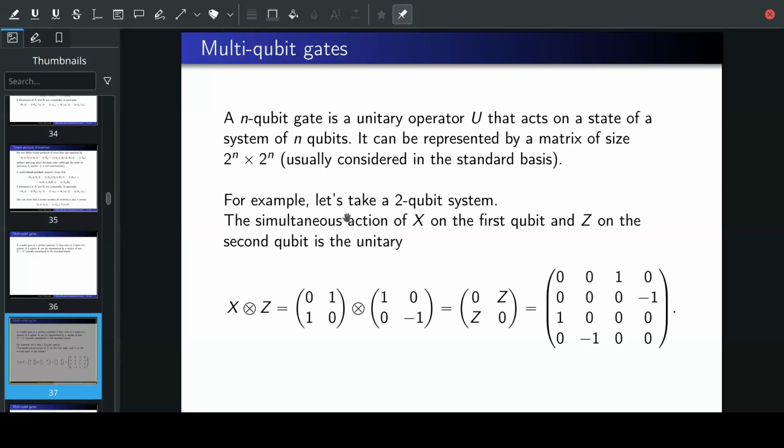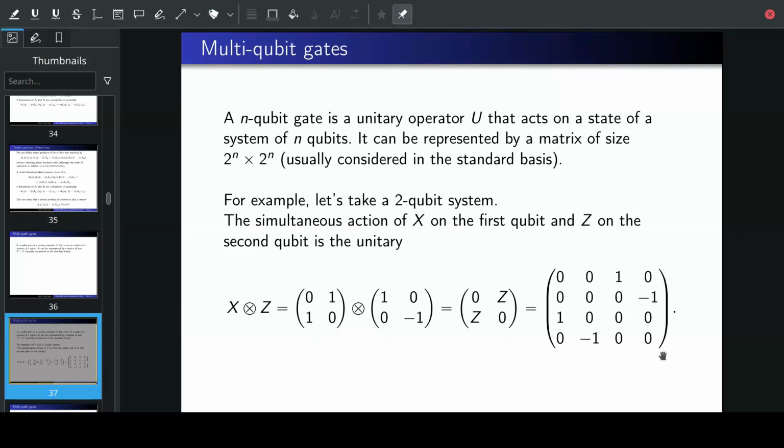For example, let's take a 2-qubit system. The simultaneous action of Pauli X on the first qubit and Pauli Z on the second qubit is the following unitary. We just take the tensor product of them. So it's X tensor Z, and we can write down these matrices and apply our rule, and this will be this block matrix, and we can expand it to obtain this matrix.